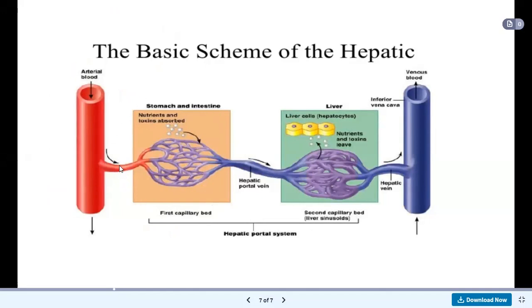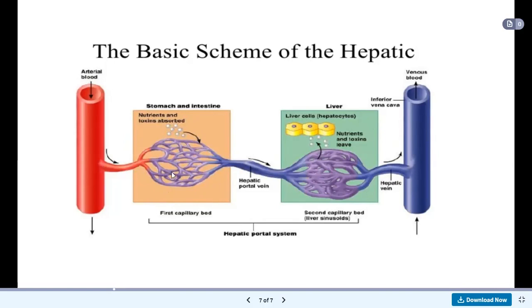So this blood is entering your stomach and your intestine. So this would represent your celiac trunk and your superior mesenteric and your inferior mesenteric artery, supplying the stomach and the intestine.